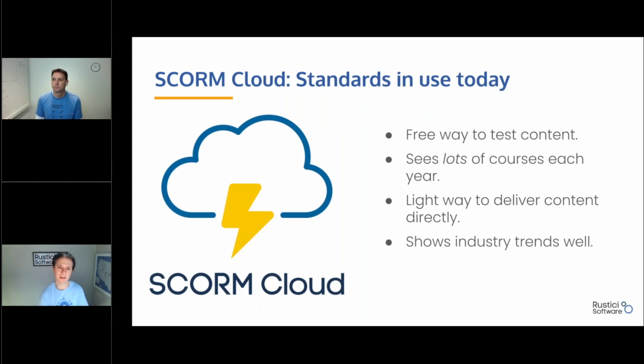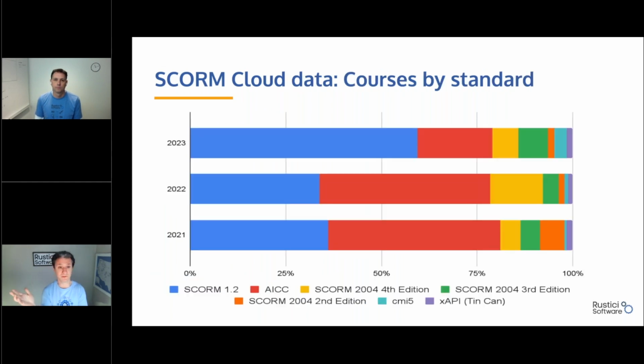So when we look at by year the type of courses that are being uploaded, we're looking at a lot of content being piled into SCORM Cloud for the first time every year. And taking some of the noise out, and we just look at standards, in 2023, over half of all of the content uploaded to SCORM Cloud on any given day was a SCORM 1.2 package.